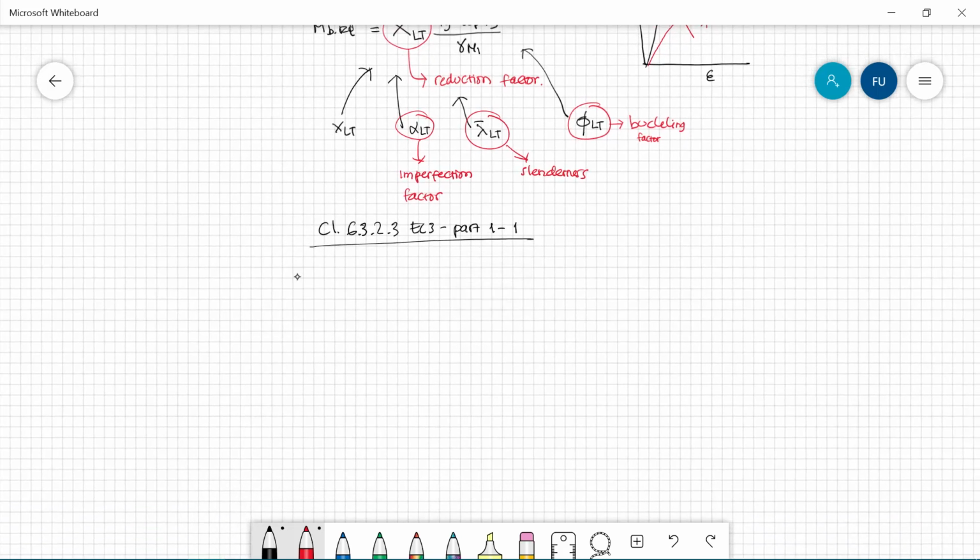The step number 1 is to determine the L, the unrestrained segment length.